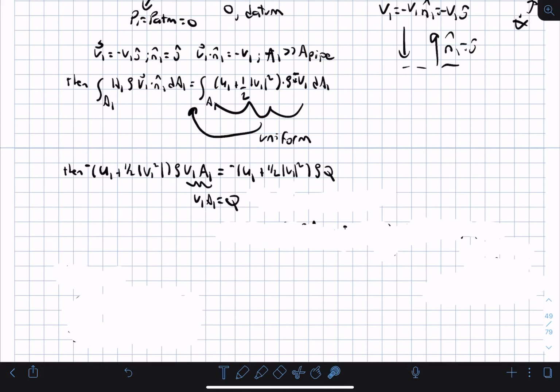Okay, and then the grouping, as I said before, of V1A1 is just the volumetric flow rate, which we have argued is constant throughout the entire reservoir system. Now what do we do about V1 squared? Because we're not given any information about the area of the reservoir, with the exception that it is huge in comparison to that of the pipe.